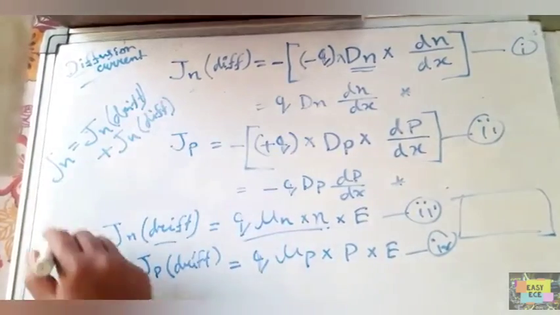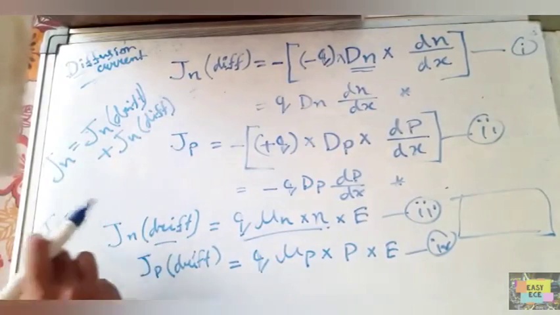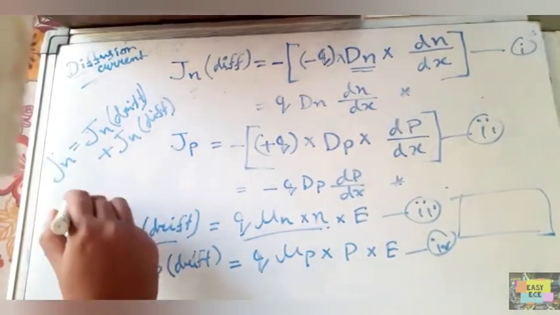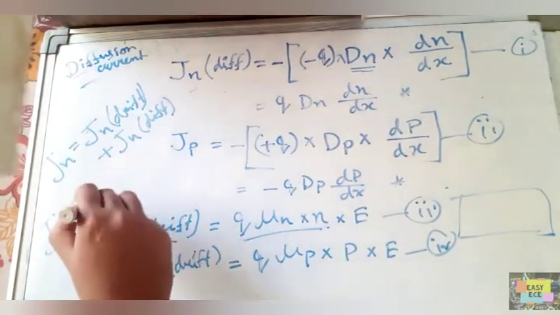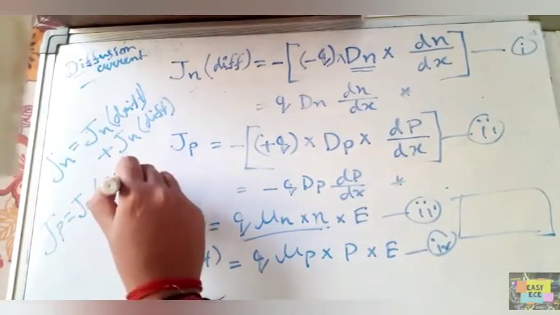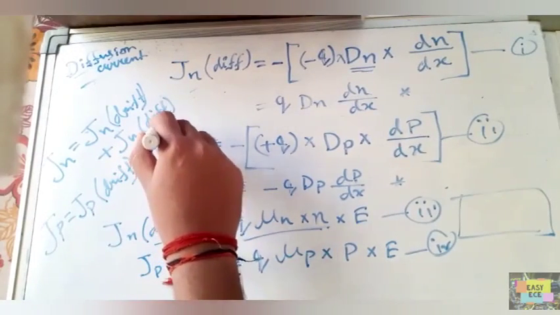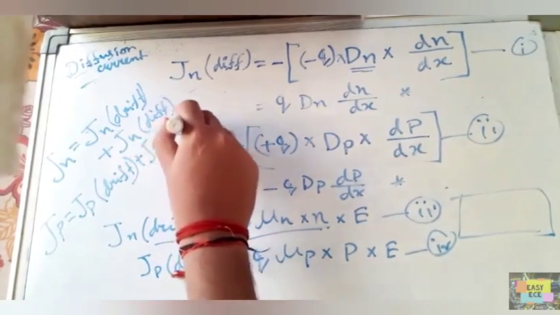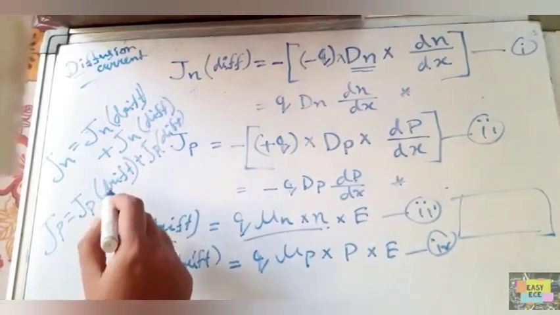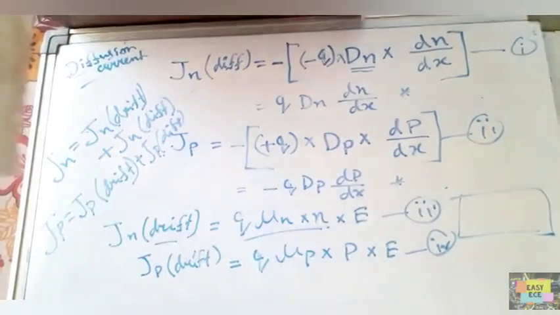Similarly for holes, the whole current density Jp equals Jp drift, the drift current density of holes, plus Jp diffusion. That is equation 2 plus equation 4, and here equation 1 plus equation 3.